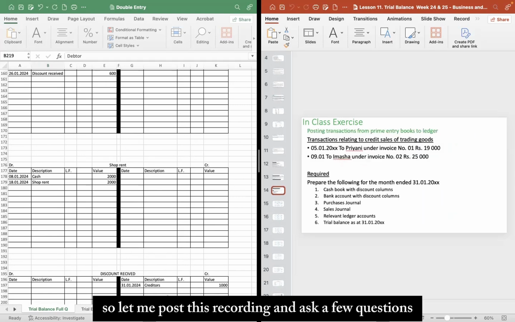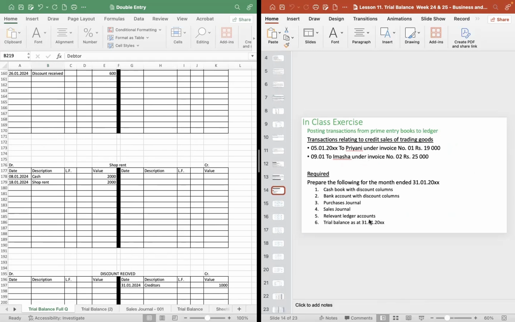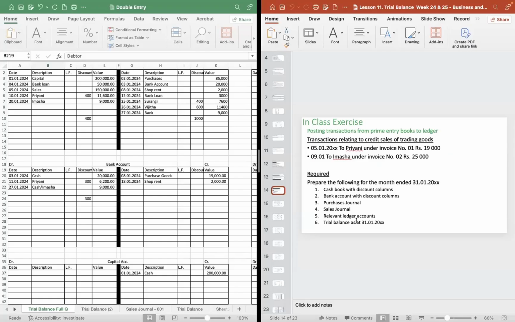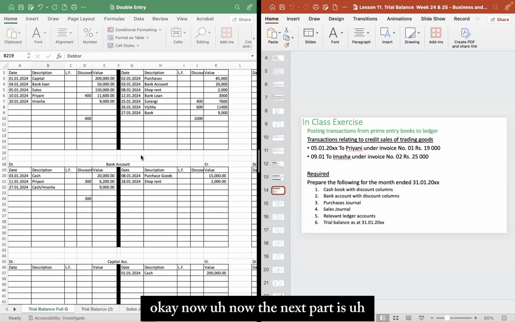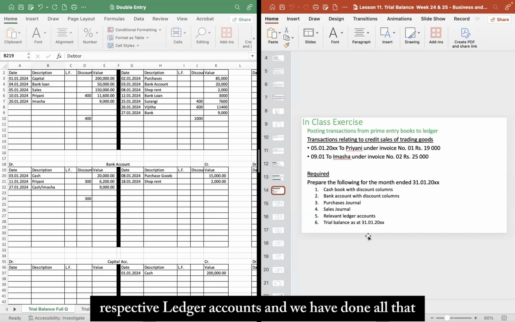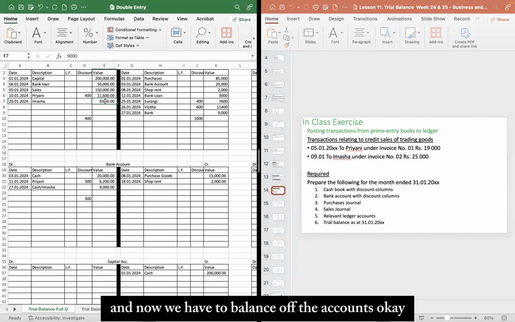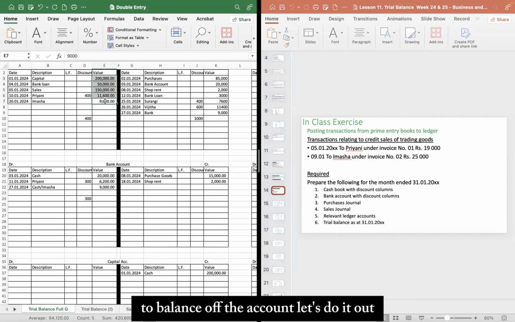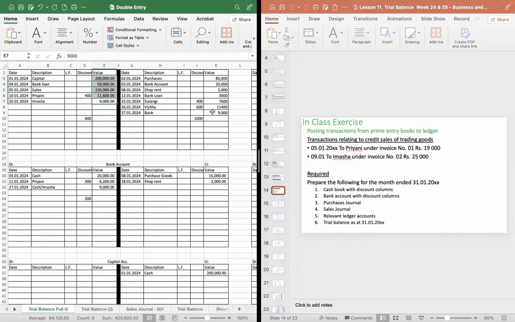So let me pause this recording and ask a few questions. Now the next part is we have to make the trial balance, and we have made all the respective ledger accounts, and now we have to balance off the accounts. Okay, to balance off the account, let's do it.